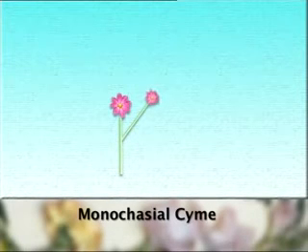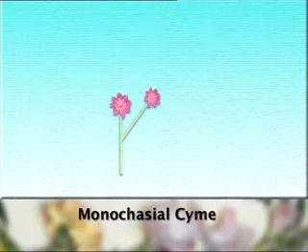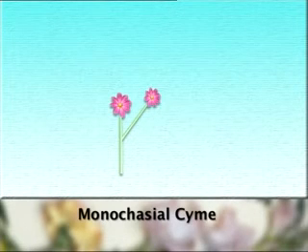Subsequently, only one lateral branch axis develops from the axil of a bract at a lower level, which again terminates in a flower. The same type of branching is repeated. Since only one branch develops from below each flower, it's called a monochasial cyme.